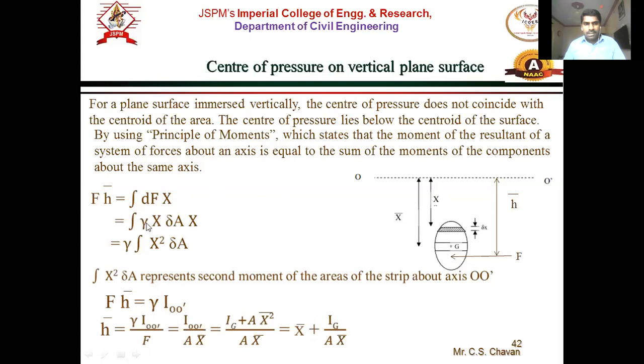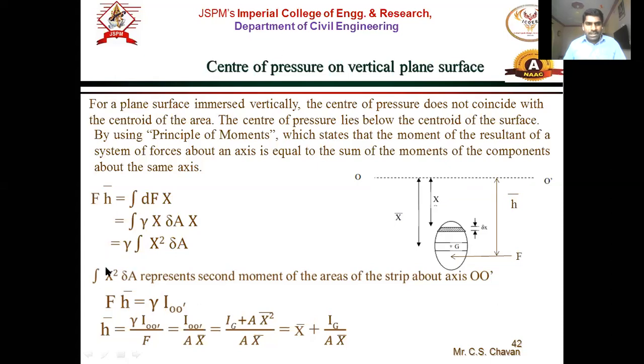Now the integration of delta F into x. Delta F is nothing but gamma x into delta A into x, so it will become x square. As the density is constant, it is gamma integration x square dA. Now remember this integration x square dA is called the second moment of area of the strip about axis O dash, right?